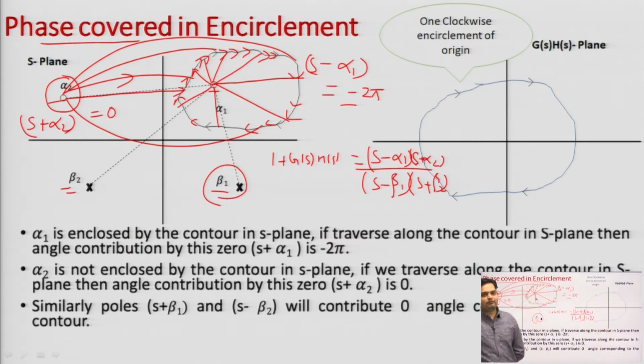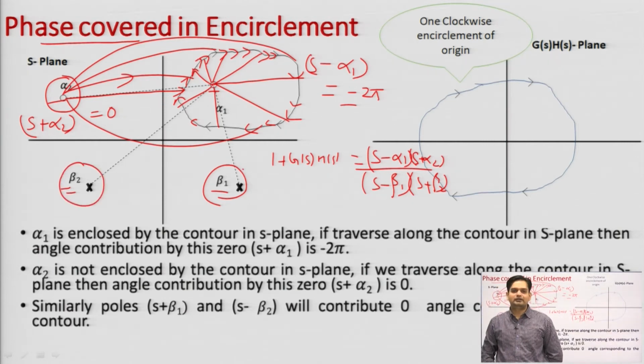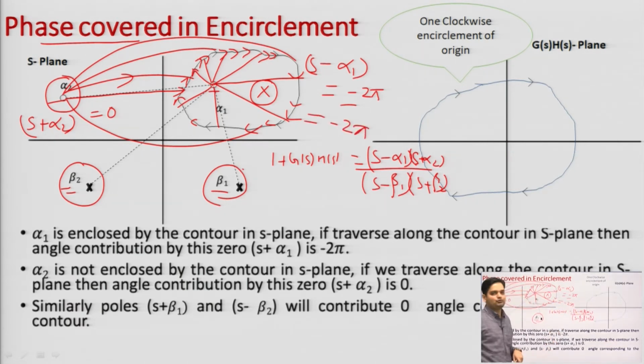In the same way, for beta 2 and beta 1, their angle contribution would be 0. So, if my contour encloses this zero alpha 1, I will get a phase coverage of around minus 2 pi. In the same way, if this contour is enclosing a pole, we are moving clockwise, again getting a phase shift of minus 2 pi, but this is a pole lying in the denominator.